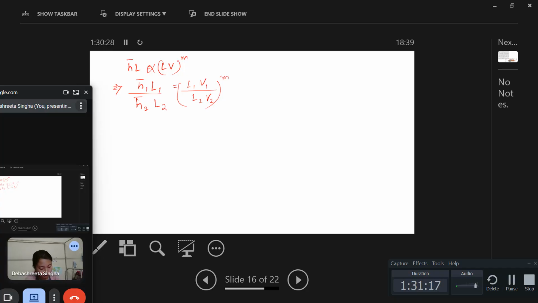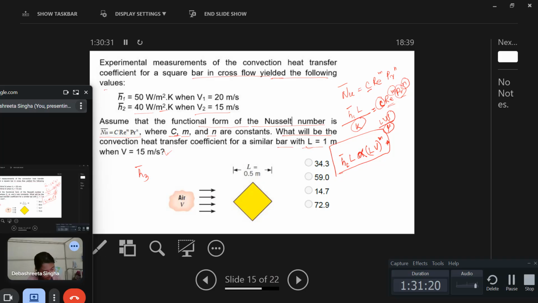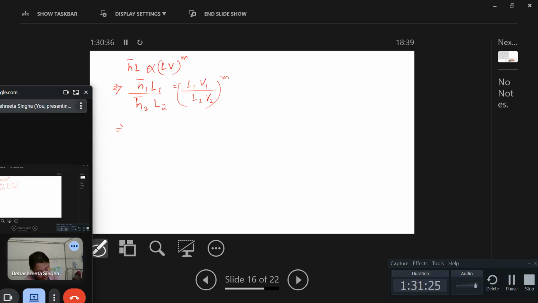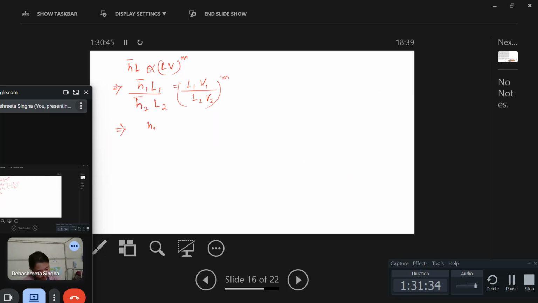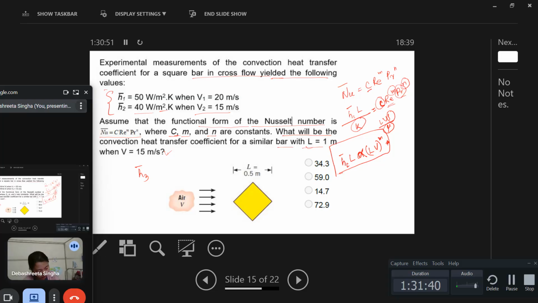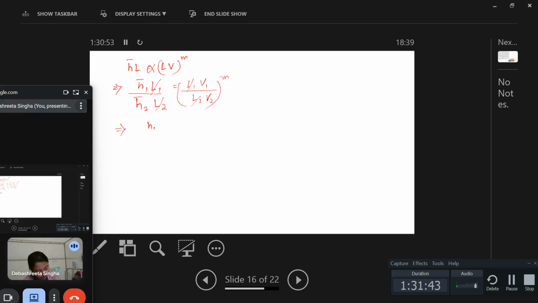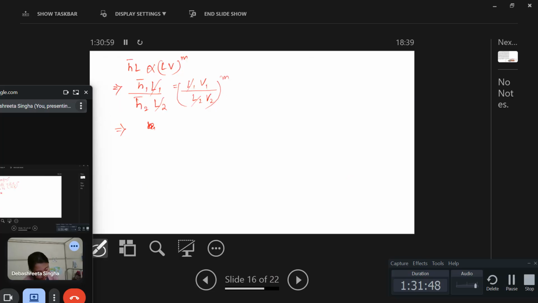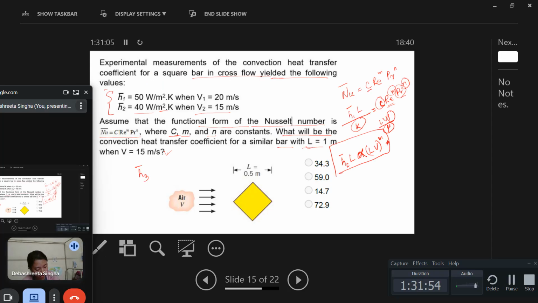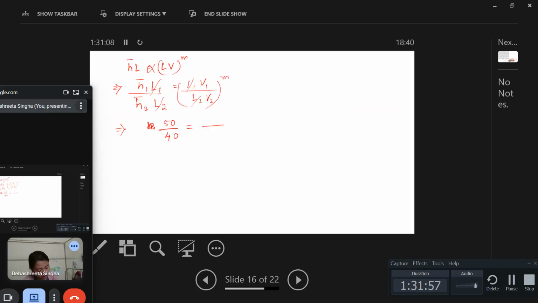Now in the first case, they have not changed the geometry, so L remains constant. First case means these two. So L cancels out. It is 0.5 anyway for the first case. So H1 divided by H2, which is 50 by 40, equals V1 divided by V2, which is 20 by 15.